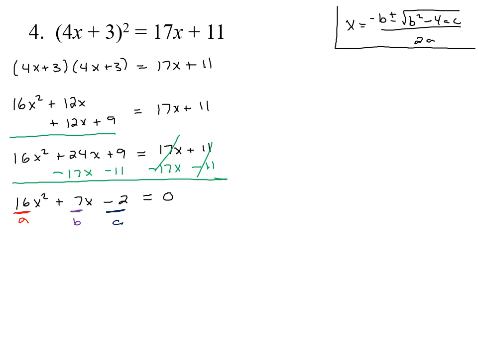So x would be equal to the opposite of b, which is negative 7, plus or minus the square root of 7 squared minus 4 times a, which is 16, times c, which is negative 2, all divided by 2 times a, which is, again, 16.